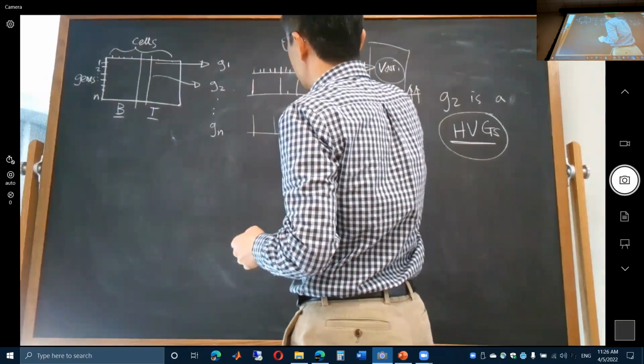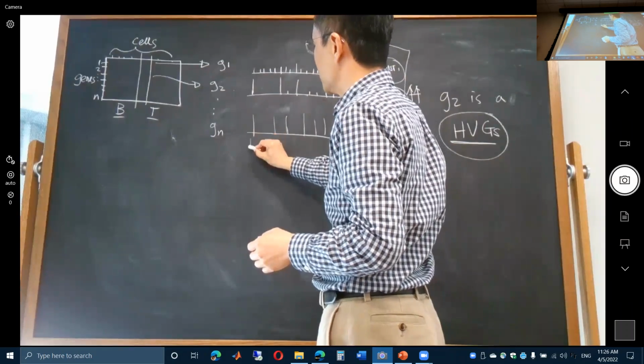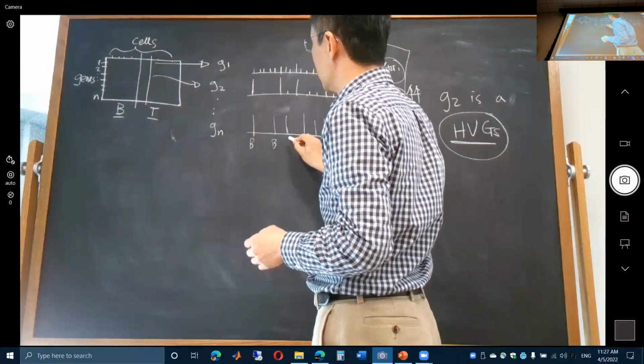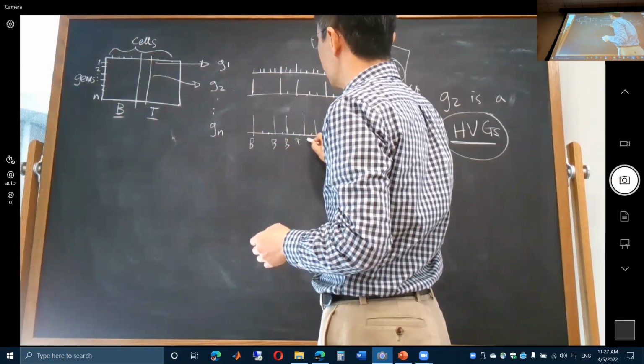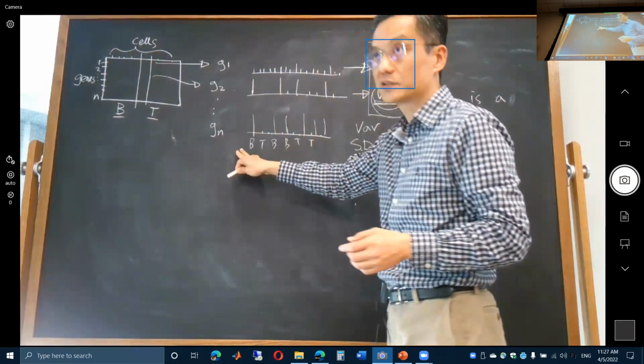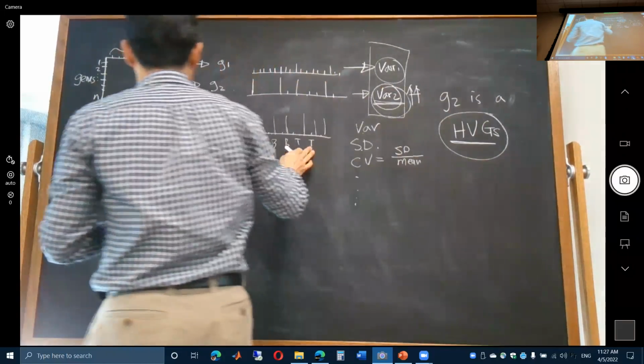Half of the cells, the B cells, have high expression, and the rest, the T cells, do not.